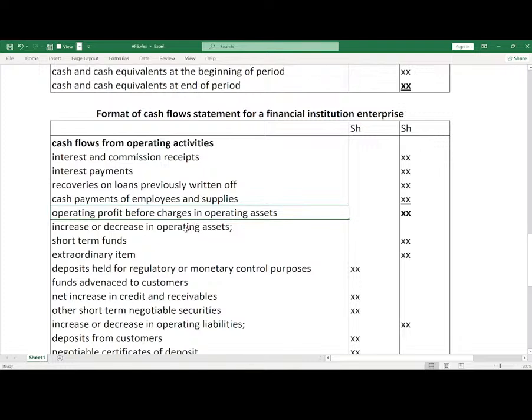Then from there we have the increase or decrease in operating assets, where we have the short-term funds, extraordinary item if we have it, the deposits held for regulatory or monetary control purposes. You can also have the funds advanced to customers, net increase in credit and receivables, other short-term negotiable securities. So that now we have the increase or decrease in operating liabilities. Please take a screenshot up to there.